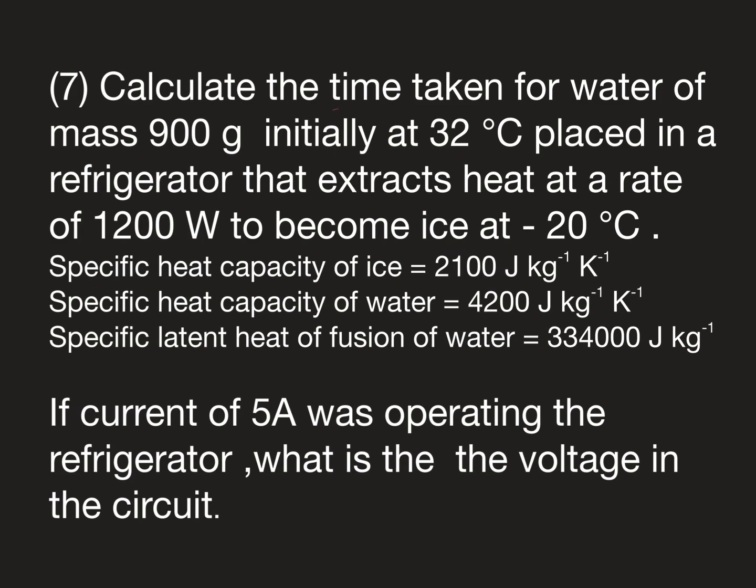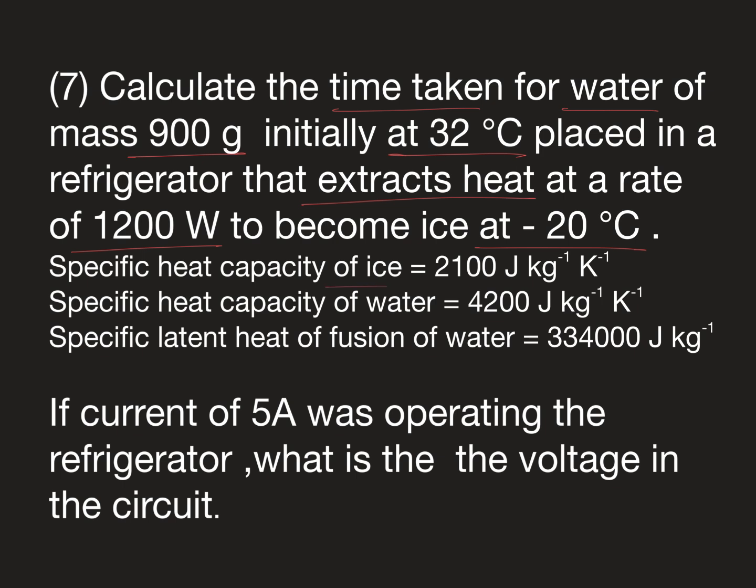Calculate the time taken for water of mass 900 grams, initially at 32 degrees Celsius, placed in a refrigerator that extracts heat at a rate of 1,200 watts to become ice at minus 20 degrees Celsius.